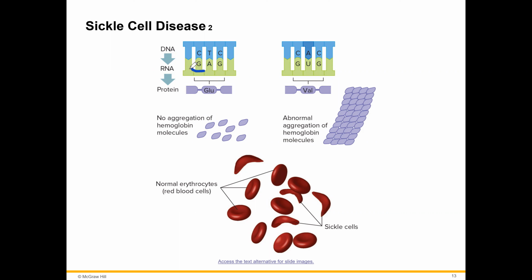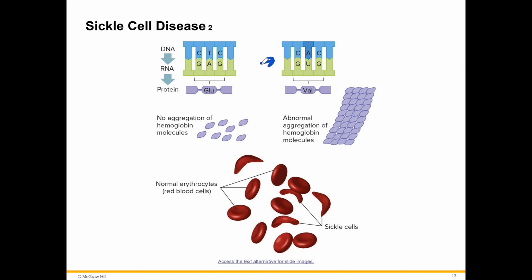So here we need GAG if it's a normal gene. Now, GAG codes for the amino acid glutamic acid. Right, so that's going to be a normal protein, a normal beta protein, and this is how that protein looks. There is no aggregation of hemoglobin molecules because beta protein, as we already mentioned, is part of hemoglobin.